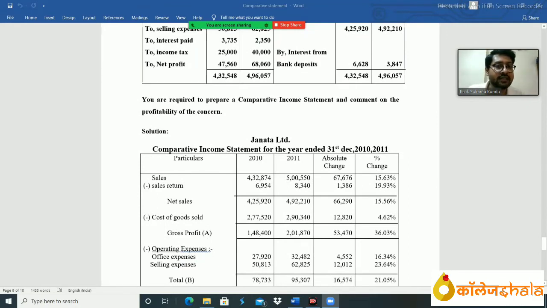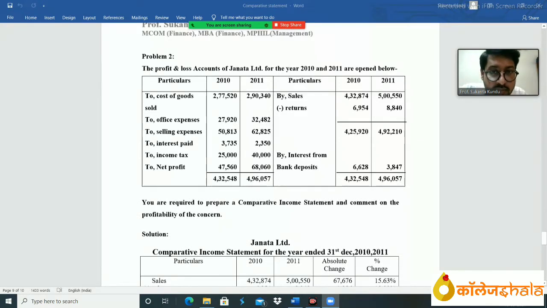The objective is to find out the net profit, and to find out the net profit you have to deduct the cost of goods sold from sales, then less the operating expenses, then we will get operating profit. Add non-operating incomes, then less non-operating expenses and less tax. Here you can see sales minus return.